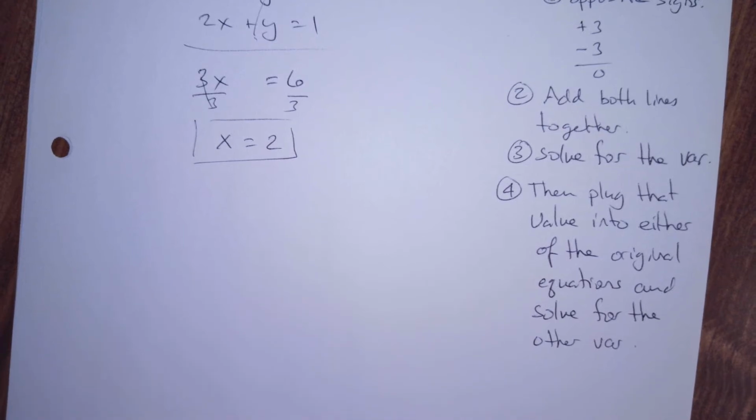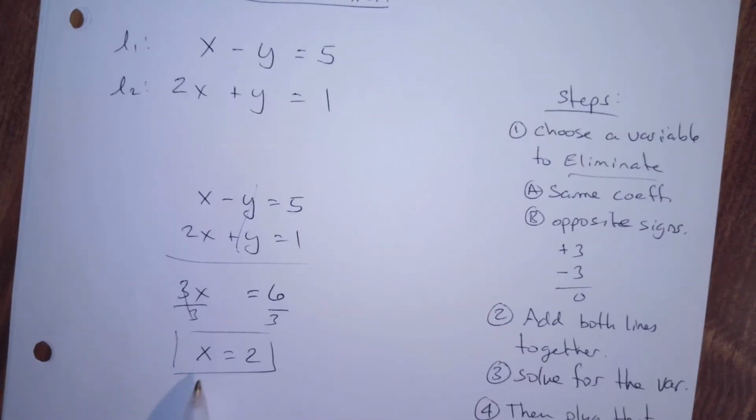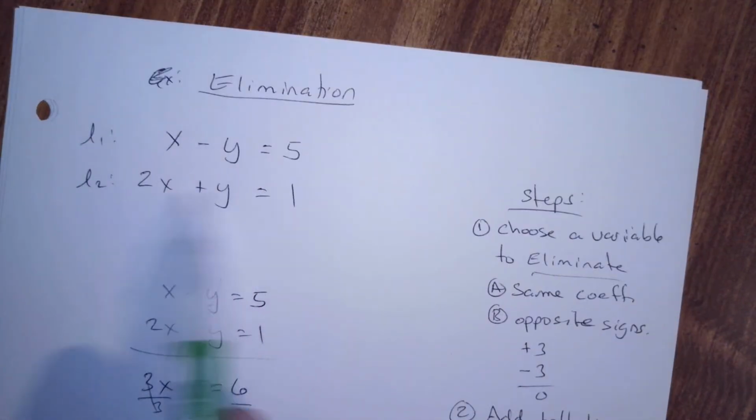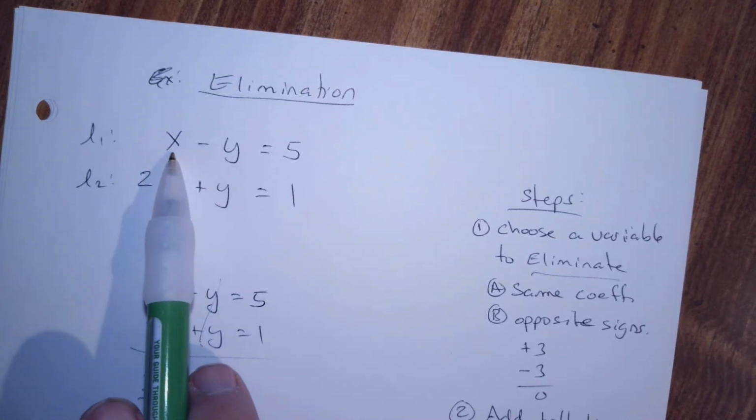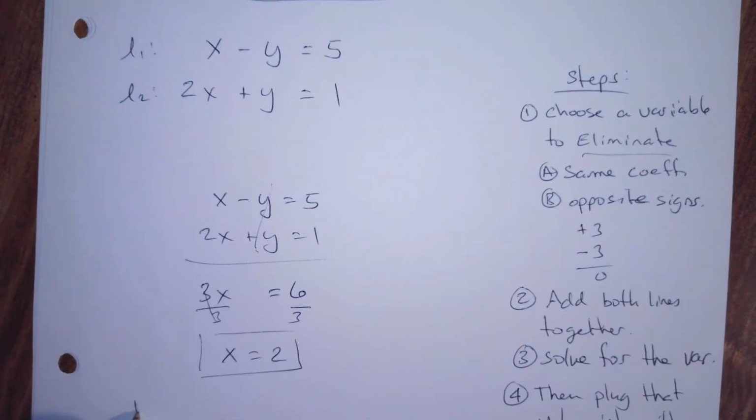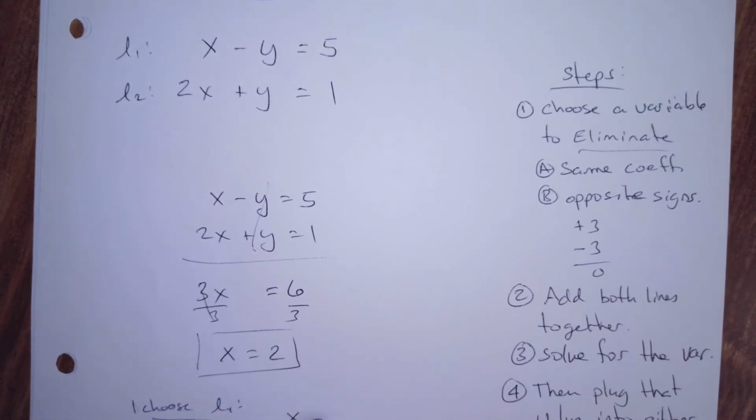All right, since we know x equals 2, I go back over here, and which one would be the easiest to put it into? Well, obviously line 1 would be easiest. So I choose line 1. x minus y equals 5.